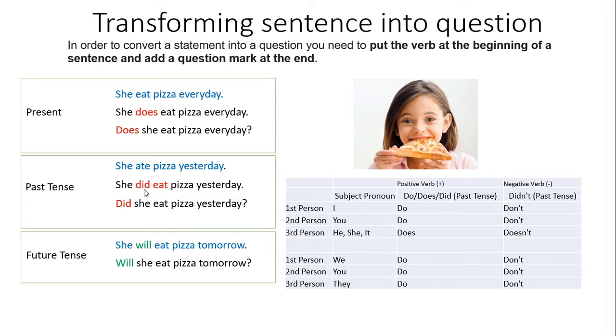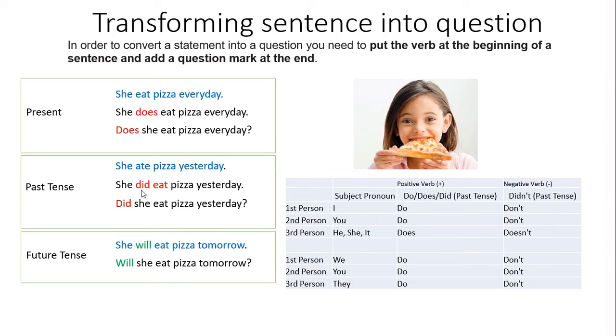So notice that I used the word did instead of does because we are in past tense form. And also, we change it from ate because we already use a past tense did. Both of them cannot be in past tense form.